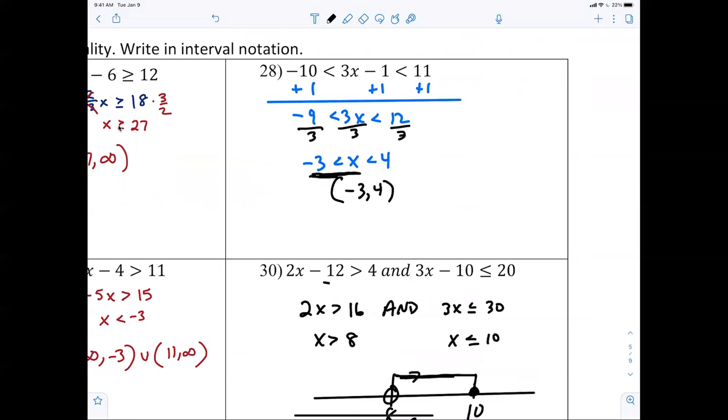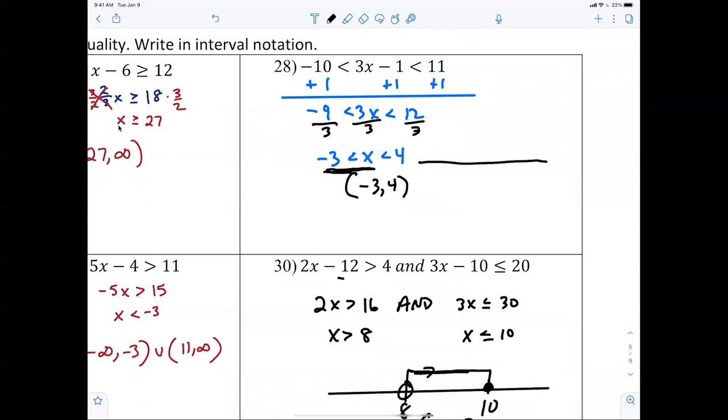That says -3 is less than x, right? So if -3 is less than x, that means x is... That is correct. Because then how do you draw that within a number line? That's what that means.